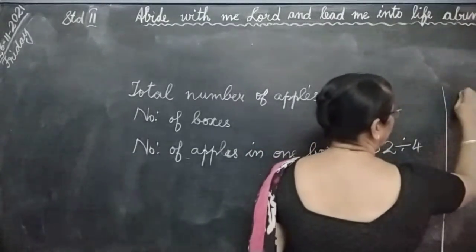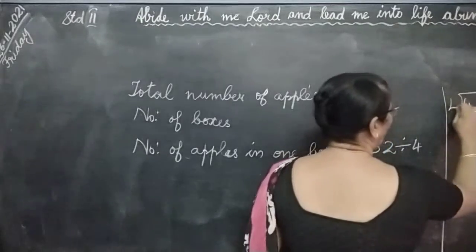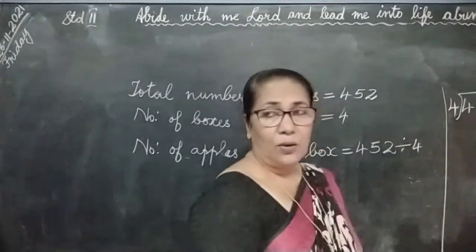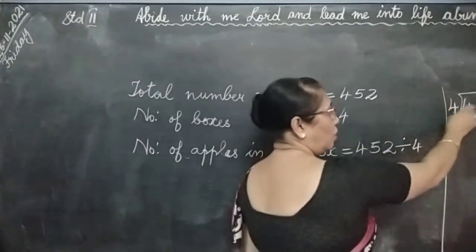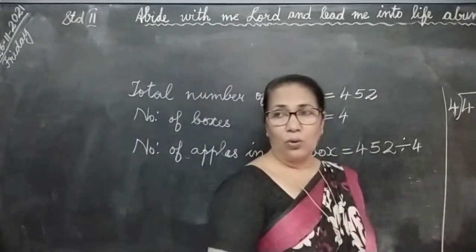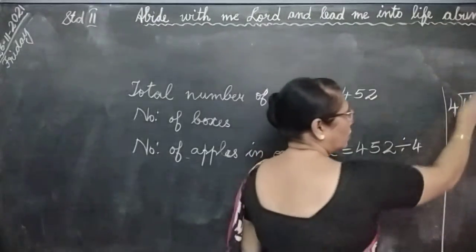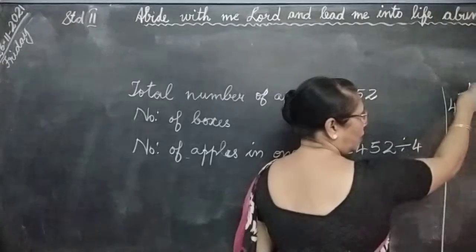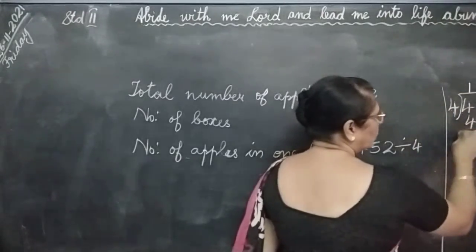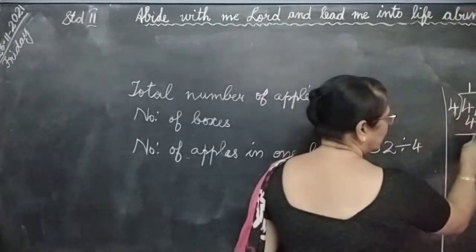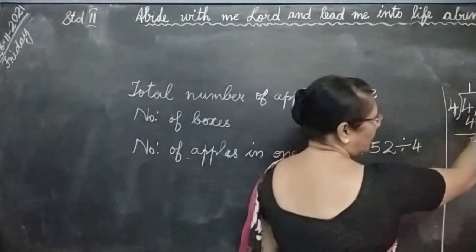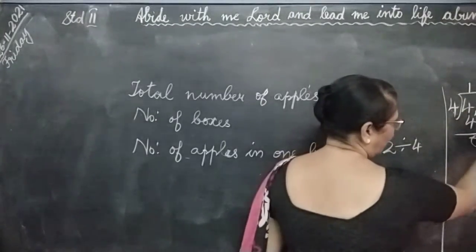452 divided by 4. Now what do you have to do? How many times 4 will go in 4? Only 1. 1 four is 4. So 4 minus 4 is 0. Now the next step is to bring this number down. 5.